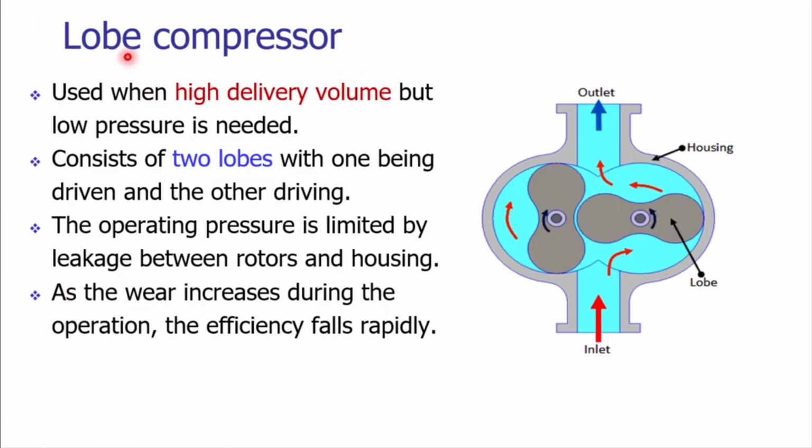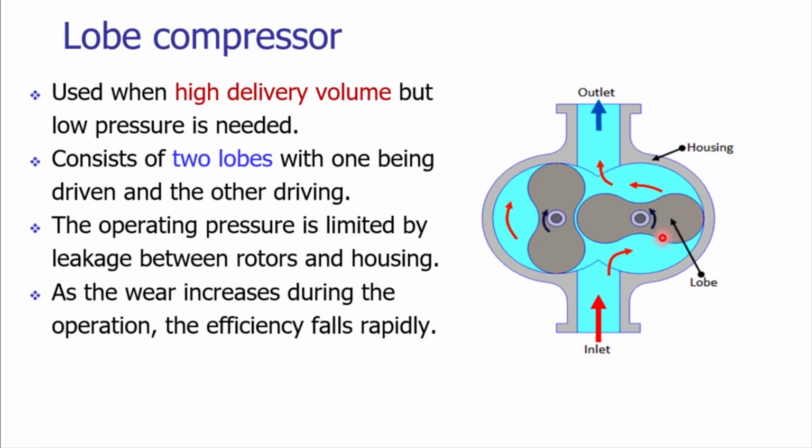Well, the next type of compressor is the lobe compressor, and it is generally used when we want a high delivery volume at low pressure. It has two lobes and they are meshed together. One is the idler lobe, the other one is the driving lobe.